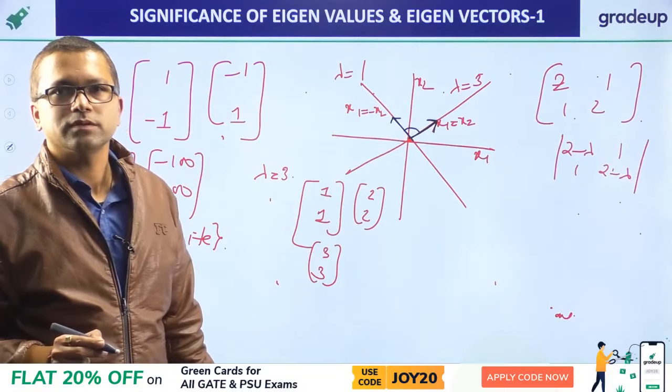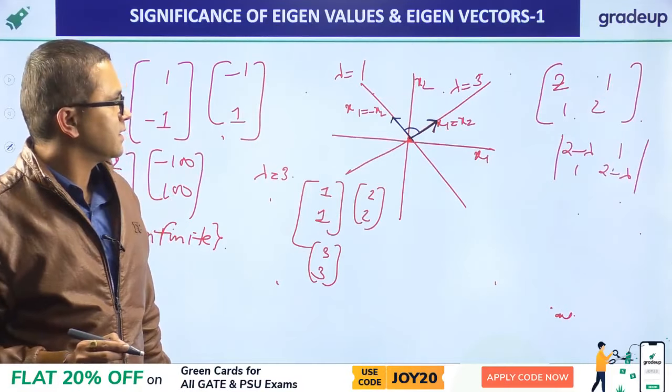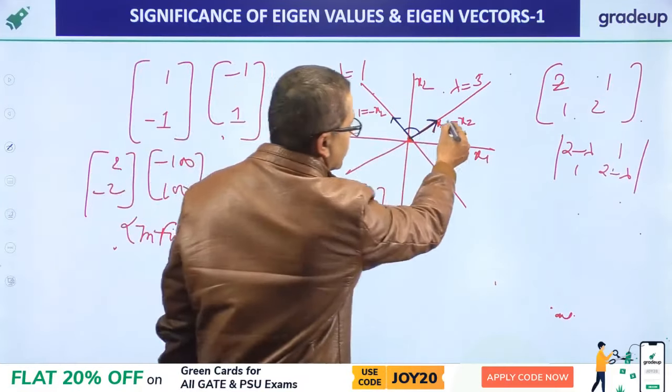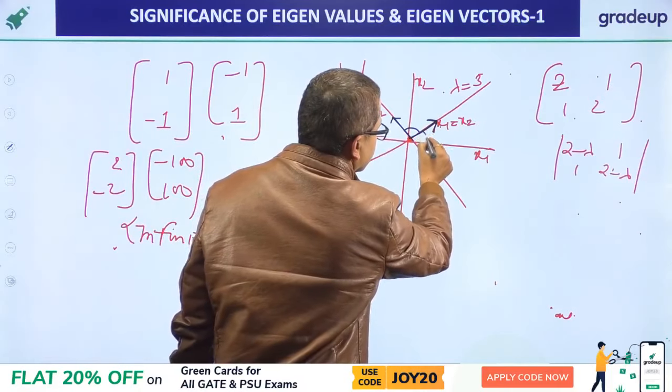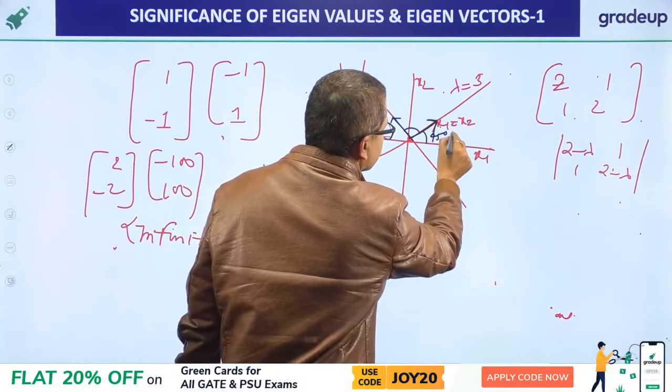Can you find it out? 90 degrees? Yes, it is 90 degrees because this is x1 equals x2.